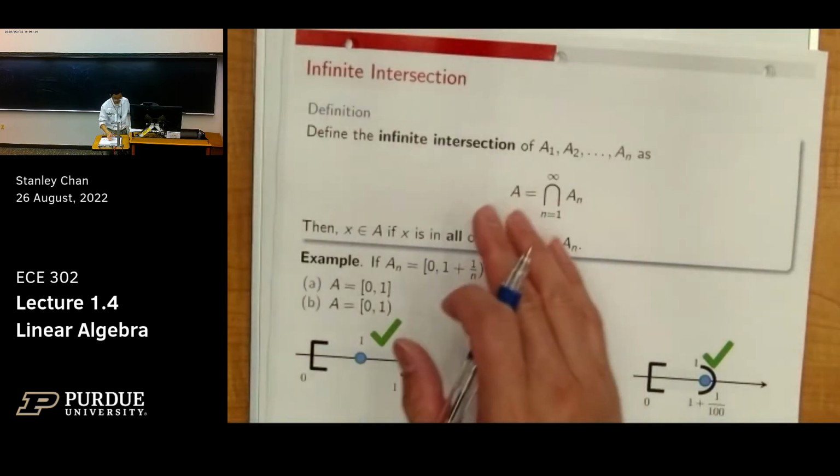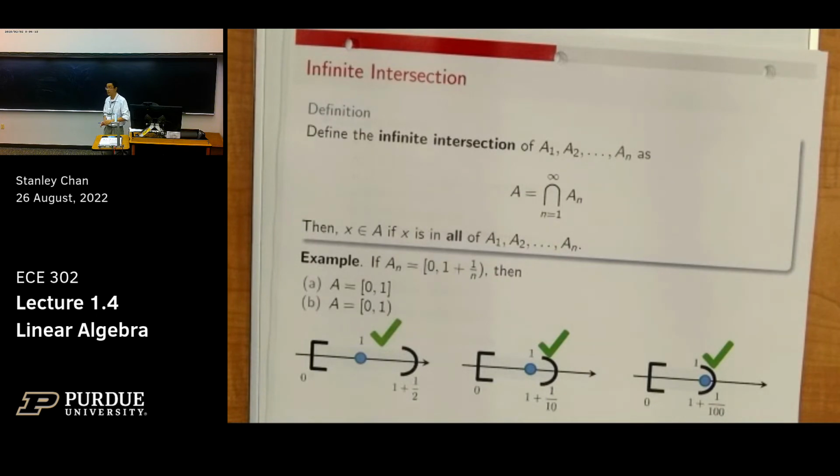Now, how about the infinite intersection? Recall the definition of infinite union: you make sure that an element is in at least one of the sets. That is OR. You have A and B, and you have to be in at least one of those. Therefore, if you have infinitely many of those, you just make sure that x is in at least one of them.